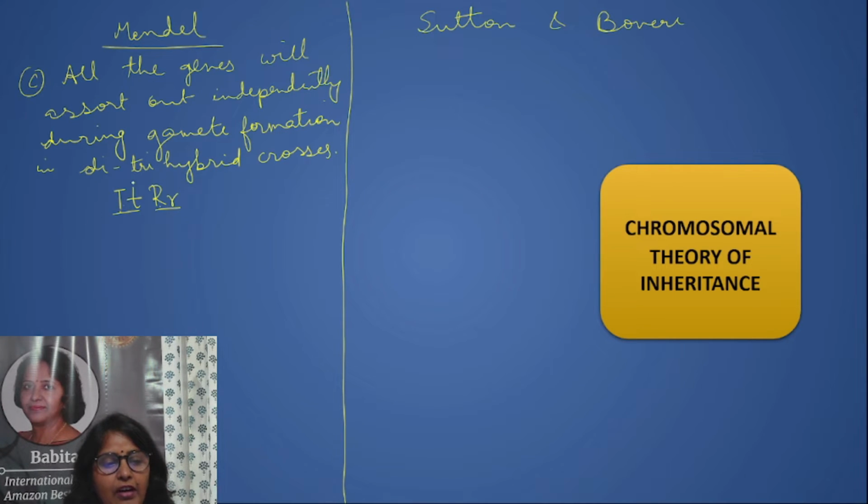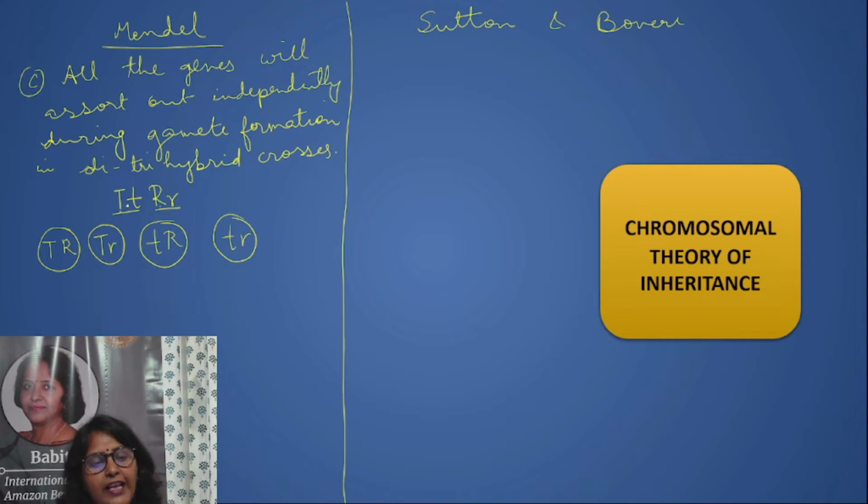We will have 4 different gametes, that is capital T capital R, capital T small r, small t capital R and small t small r. It is not that capital T will always go with capital R or capital T will always go with small r. It can go with any one of them because they are independently assorted out.